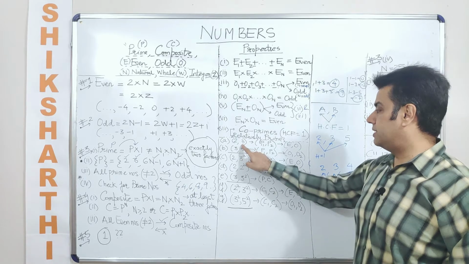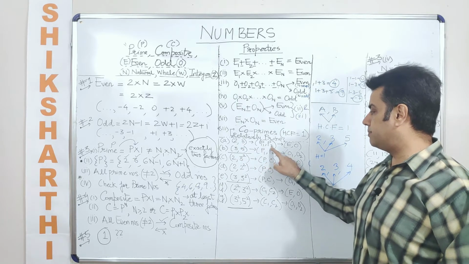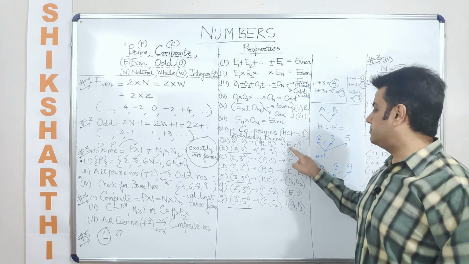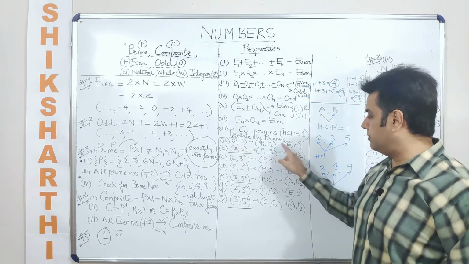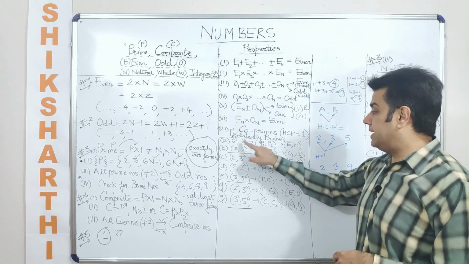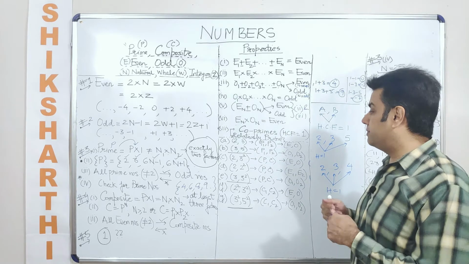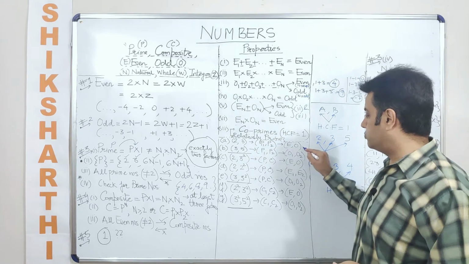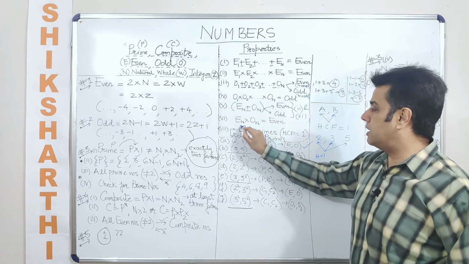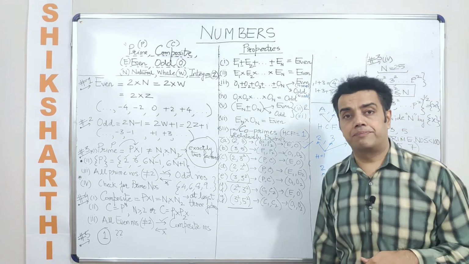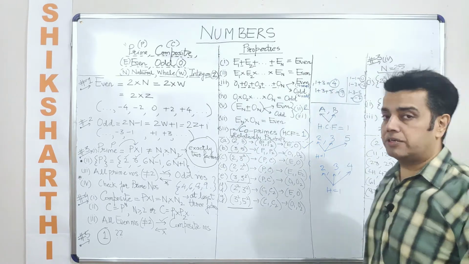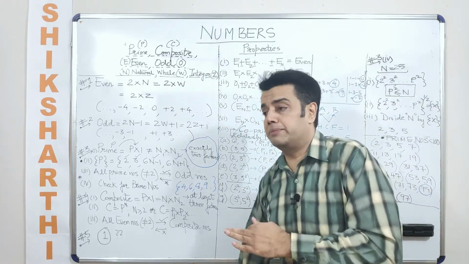Now 2, 3 is just like saying one prime number and another prime number, one even and one odd. So if I take one prime number and another prime number, can I say they'll always be co-primes to each other? Yes. I'm using a tick mark for a co-prime, and I'll not use any mark in case they are not co-primes.